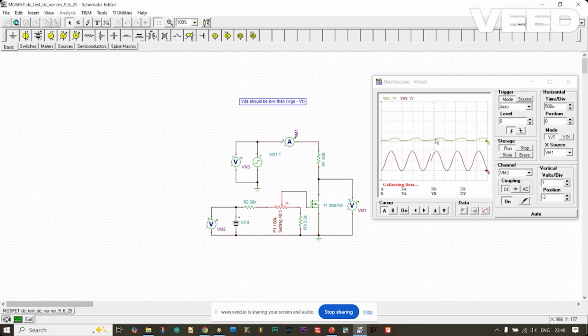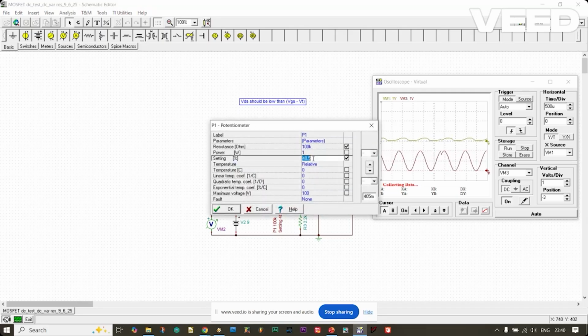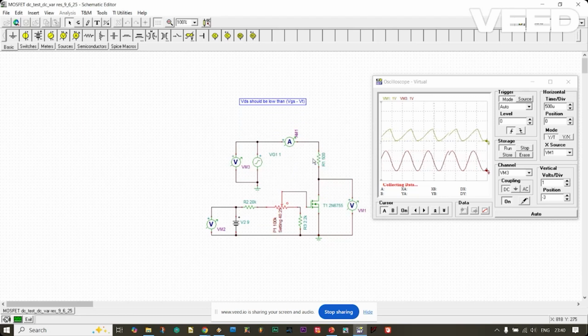That small distortion is because of the nonlinear characteristics of the MOSFET. There will be a small distortion here, but we have to keep it in the linear region. So now the voltage is very low. See that one. Again, it is much clearer. There is a small distortion here.